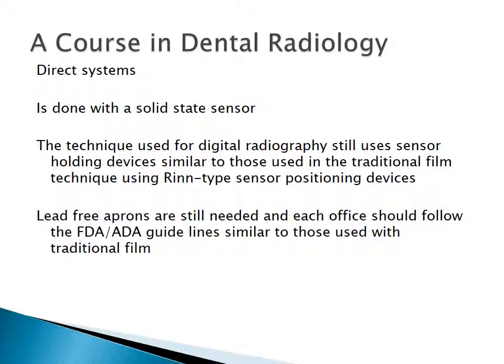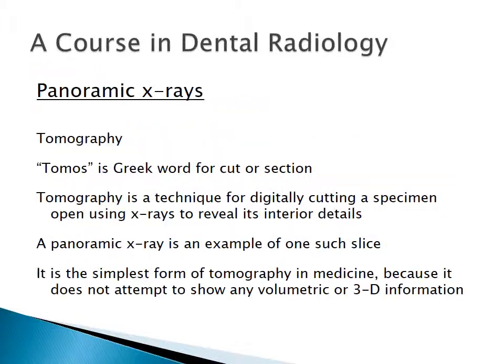Obviously, we're still shooting radiation, so the patient still needs to have that vest, and all your FDA and ADA guides still have to be used. These systems, again, are very basic now. They can plug right into a standard computer, provided that computer has the software from the manufacturer on it. It'll automatically take the image, store the image, and move on to the next patient.